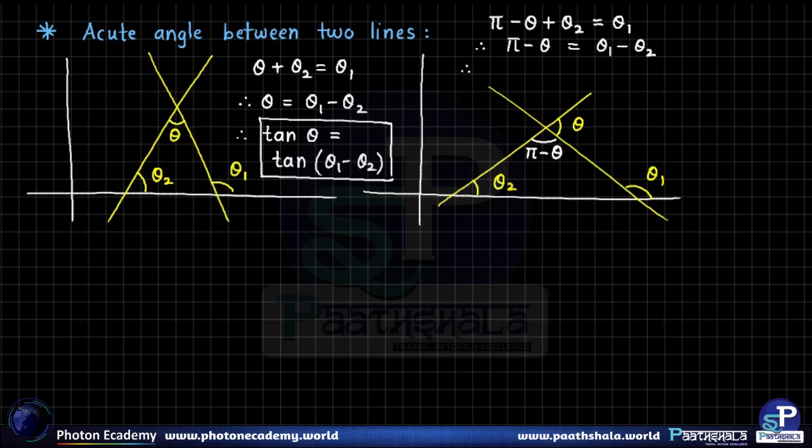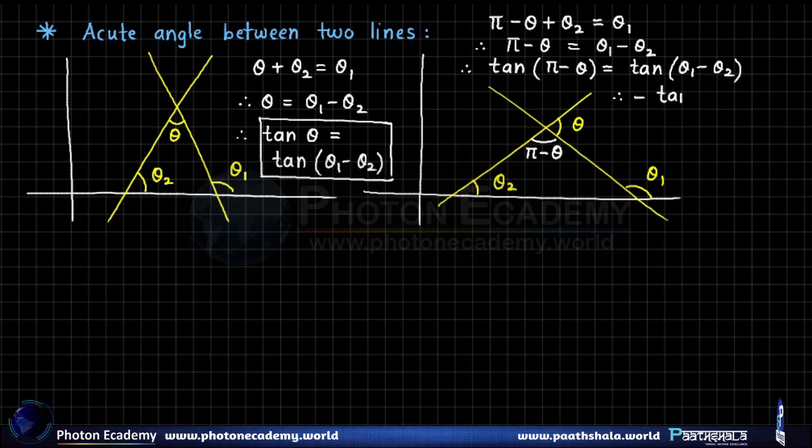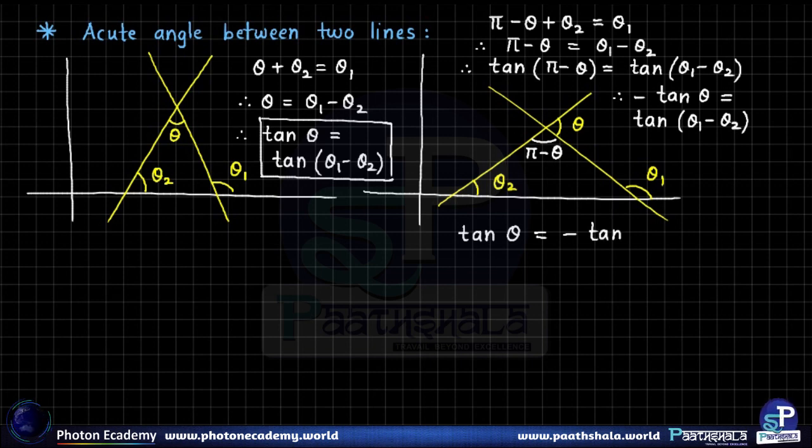Taking tan of both sides, tan of pi minus theta is equal to tan of theta 1 minus theta 2. Now we know that tan of pi minus any angle is equal to minus tan of the same angle. So minus tan theta is equal to tan of theta 1 minus theta 2. Therefore tan of theta is equal to minus tan of theta 1 minus theta 2. So this is what we arrive at in the second case.